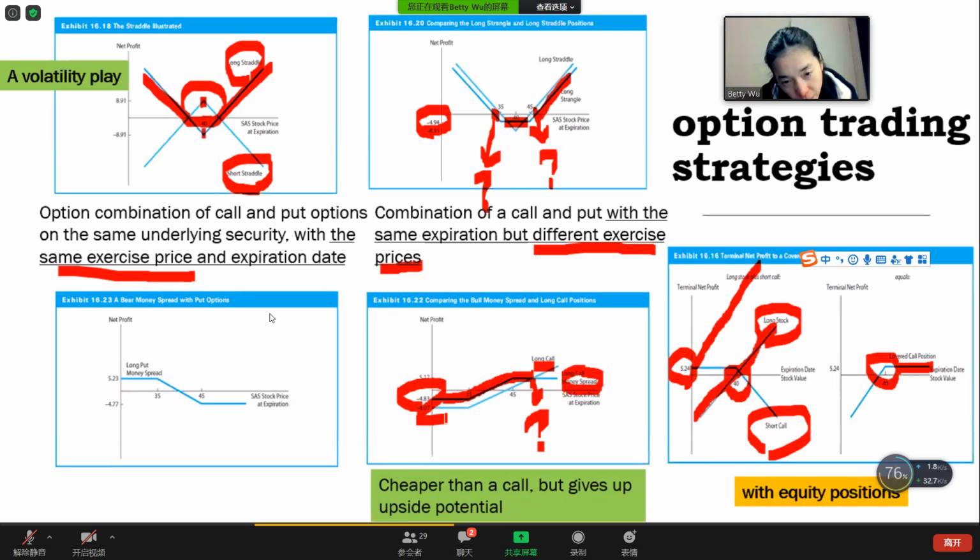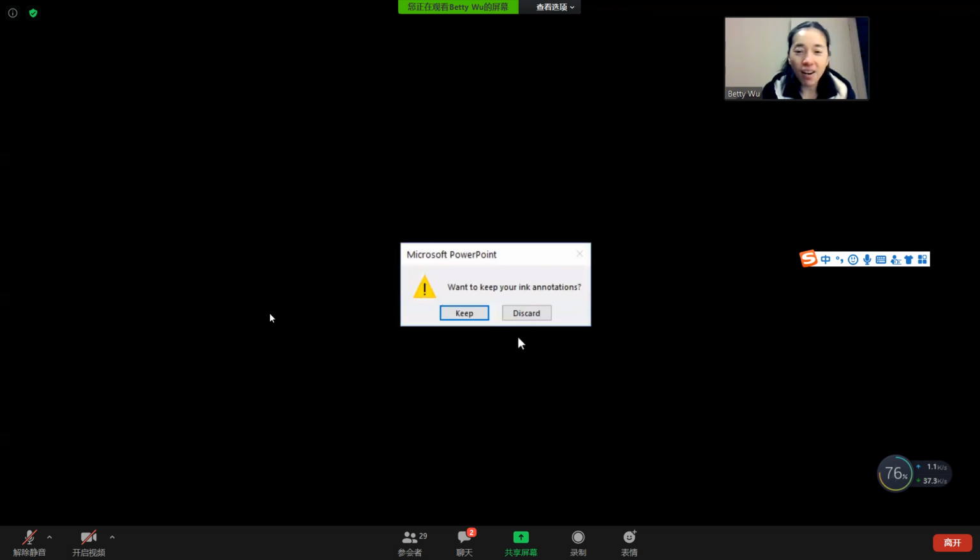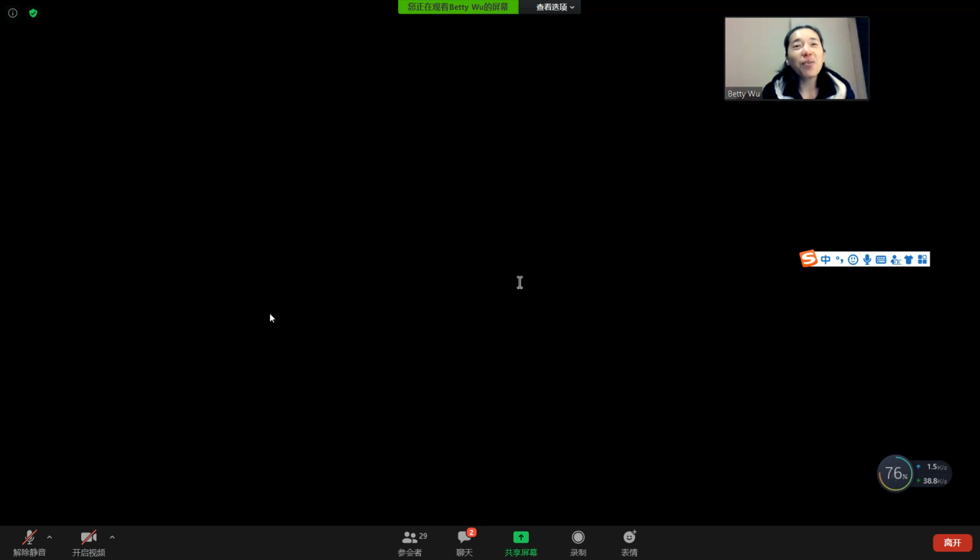Although it's more expensive, long call is better off when the price goes really high. So it depends on your belief. If you believe that the price will go super high, then probably it makes sense. It's worth the costs. So it's cheaper than the call, but gives the upside potential. Okay, fine. I'm done.